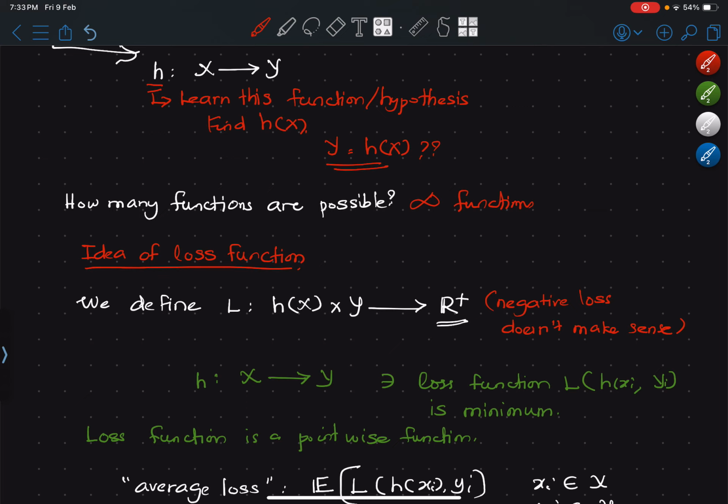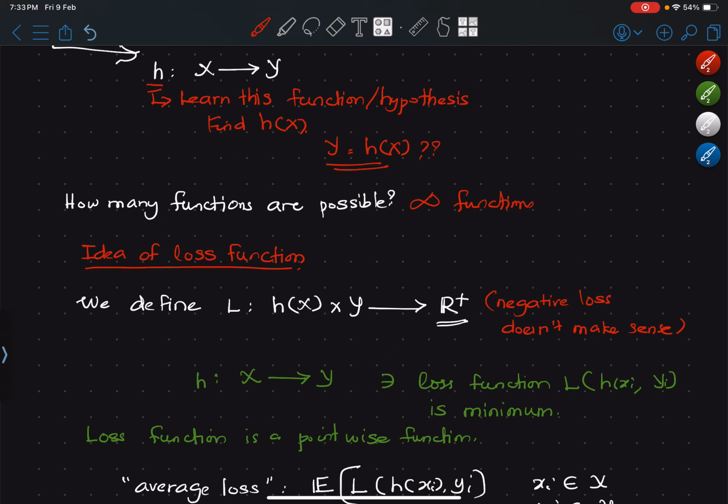The loss function has the domain h(x) cross y and maps to R plus. It gives a corresponding cost to every data-label pair.